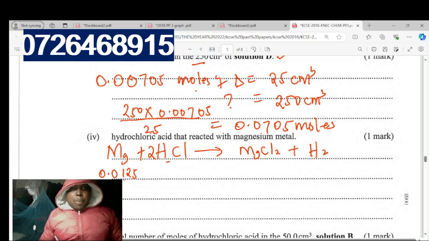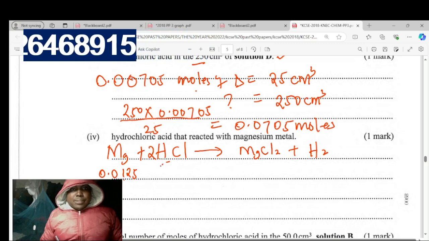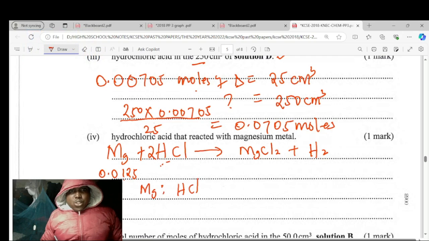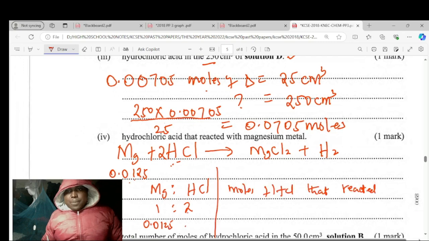So we want to know how many this will be, but you can see the magnesium to HCl ratio is 1 to 2 from the balancing. The moles of this are 0.0125. So how many will it be? It will be twice. So moles of HCl that reacted with magnesium is equal to 0.0125 times 2.